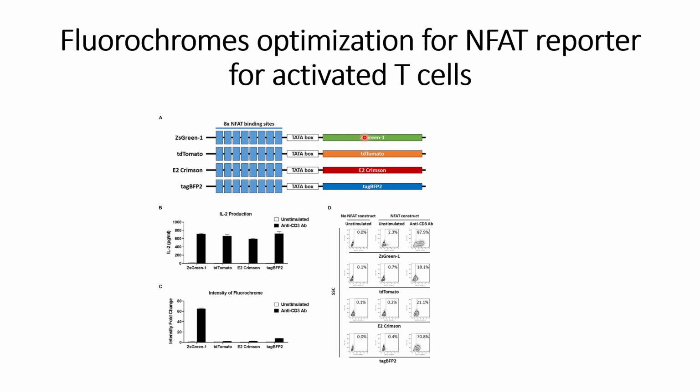They were able to find that ZsGreen1 has the highest intensity fold change between the activated and non-activated conditions, so they decided to continue with ZsGreen. This is what they have so far optimized in their NFAT reporters that can be used to check whether the T cells are activated or not.